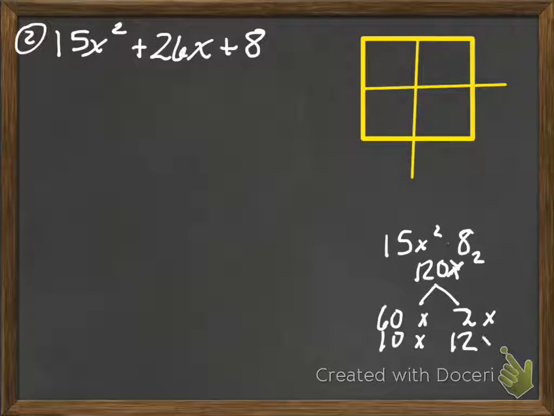Oh, no. That's 22. 40 times 4. So what are you trying to look for? We're trying to look for the things that will multiply to give me 120 that will add to give me that 26. 20 times 6. 20 times 6?